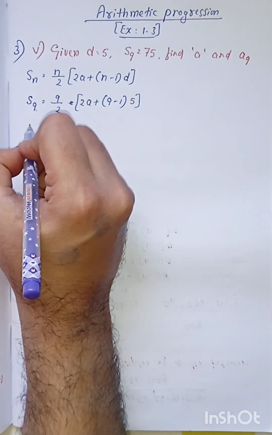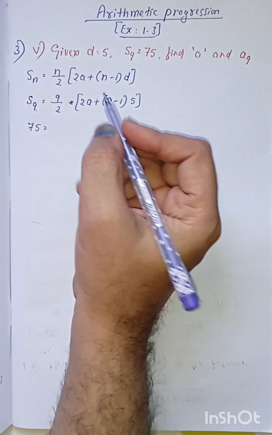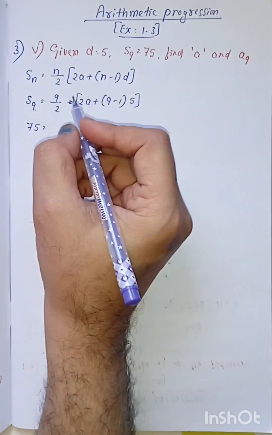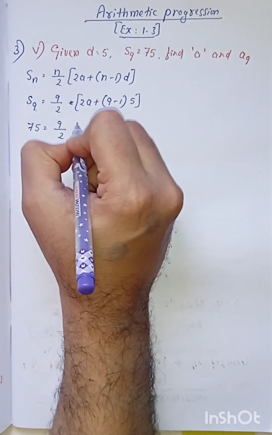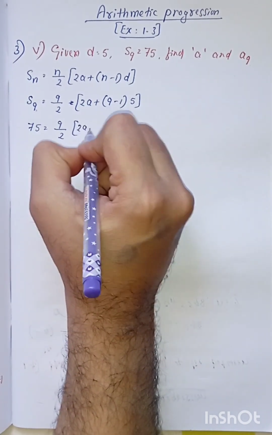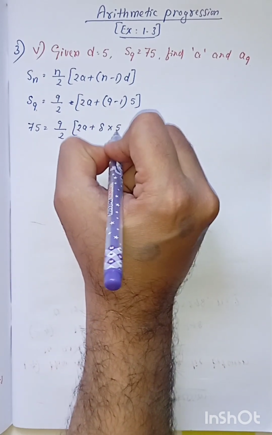Now S9 means 75. 9 by 2 means you can take 4.5, or you can keep it in the same way and we can continue like this. 2a plus 9 minus 1, 8 into 5.